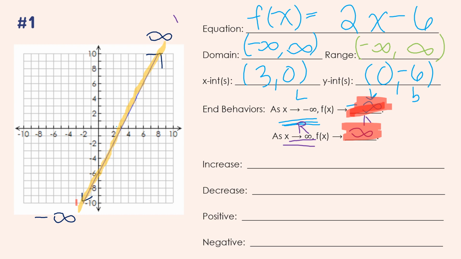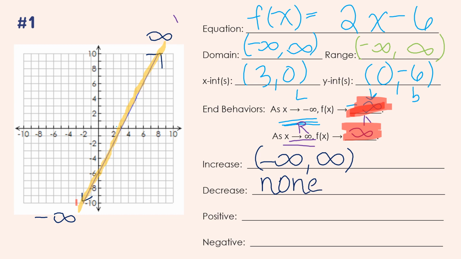It will never go down as long as I go from negative infinity to infinity. So since it's going up, it is increasing, and it will always increase, starting at negative infinity, ending at positive infinity. And because it will never go down, then you would write none for decrease.